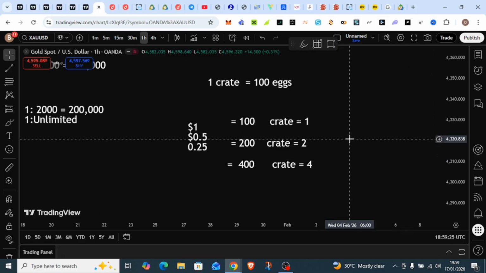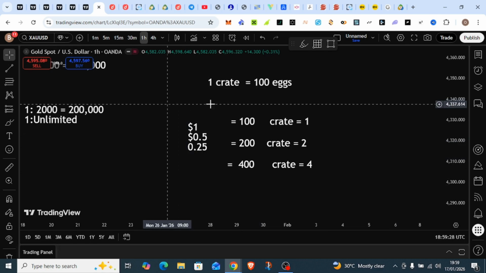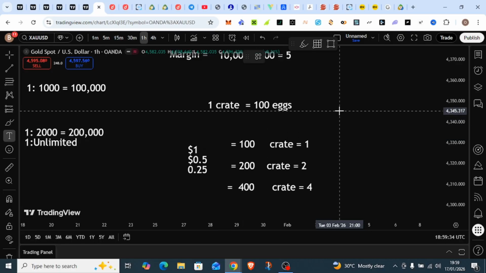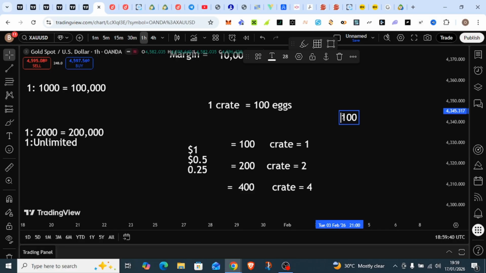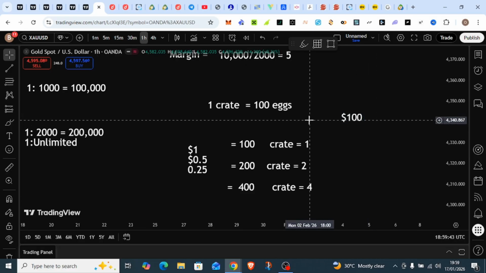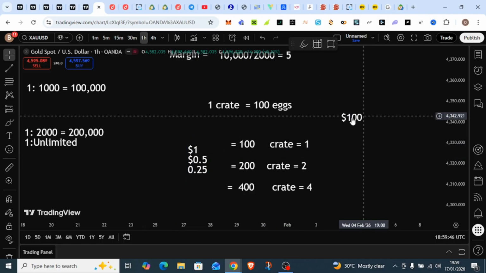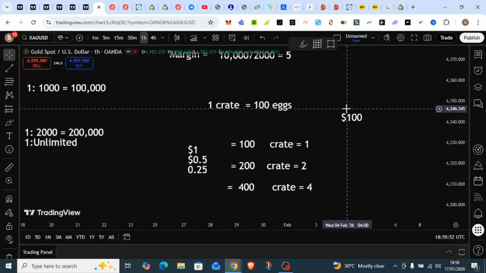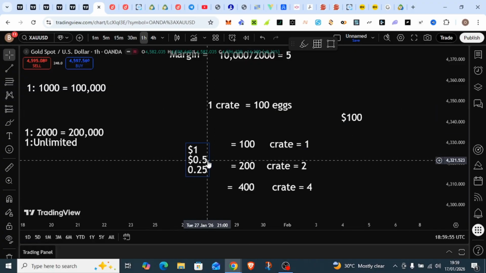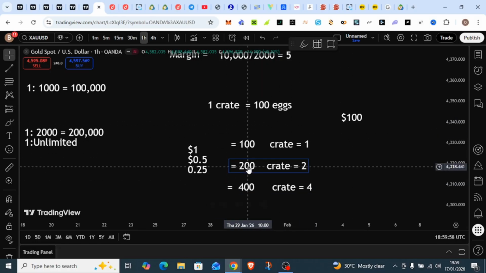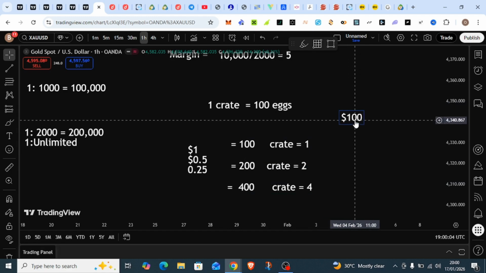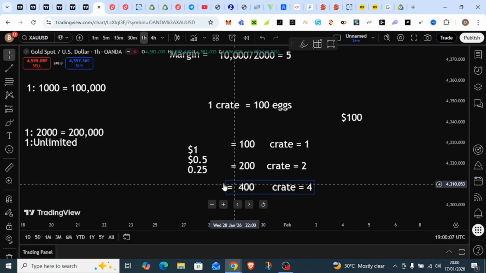Assuming the buyer has an account balance of $100, if the buyer buys at $1, the buyer is going to have only 100 eggs. And if the buyer buys at $0.5 per egg, the buyer is going to have 200 eggs with the same account balance. At $0.25, the buyer is going to have 400 eggs and 4 crates.